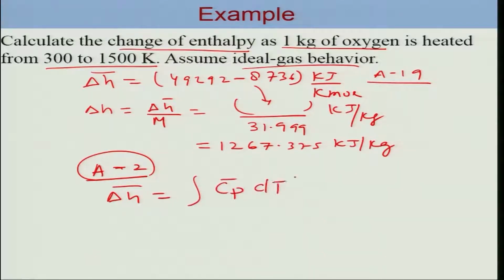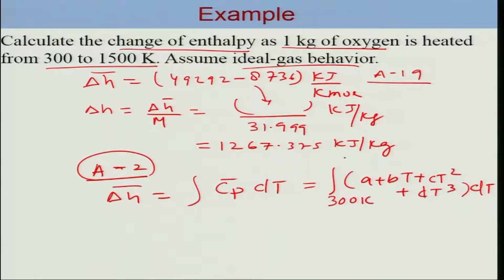The tables are mainly written in this form, so irrespective of whichever textbook you pick up, you will find this kind of fit for the Cp values. Here the temperature is from 300 Kelvin to 1500 Kelvin.